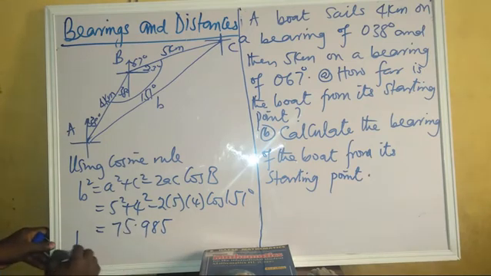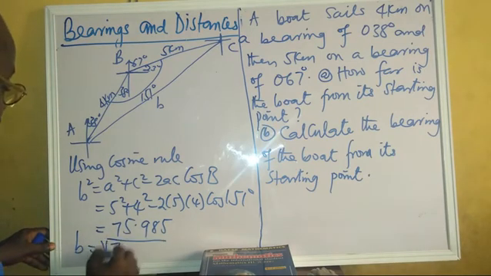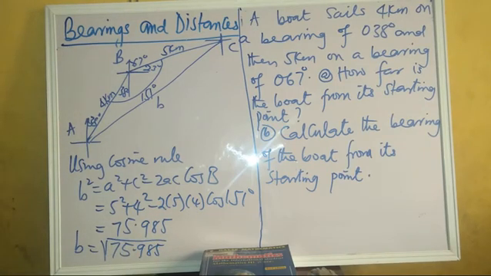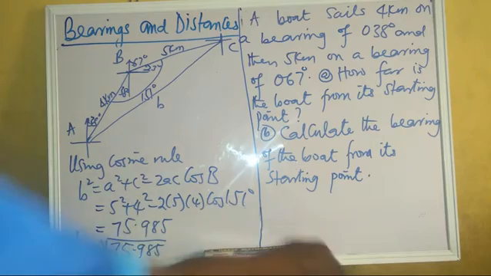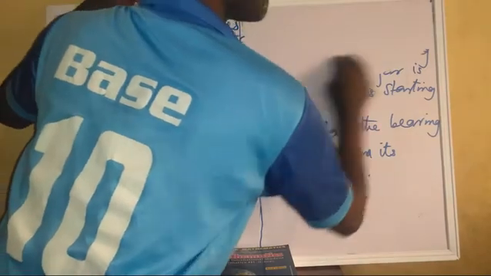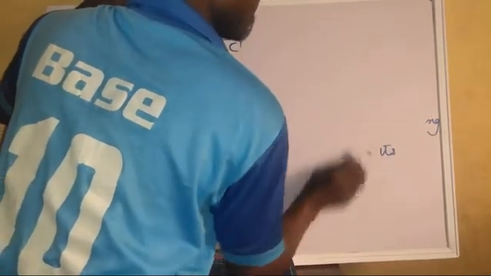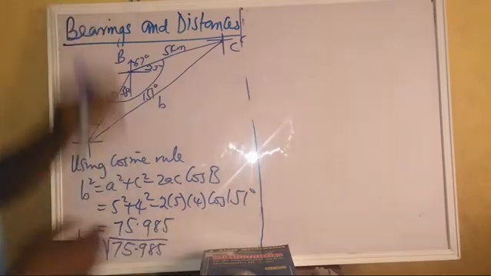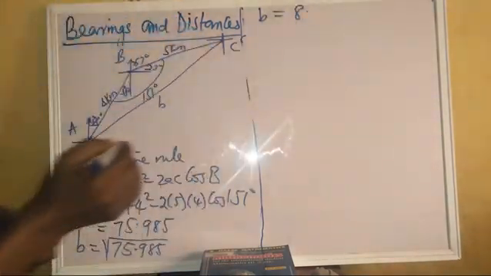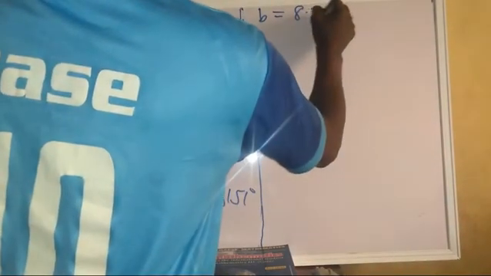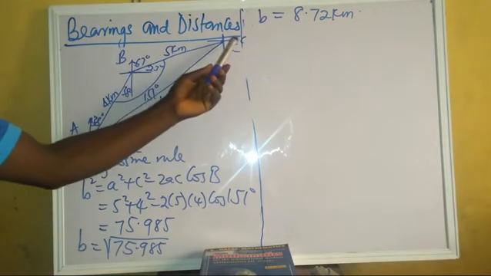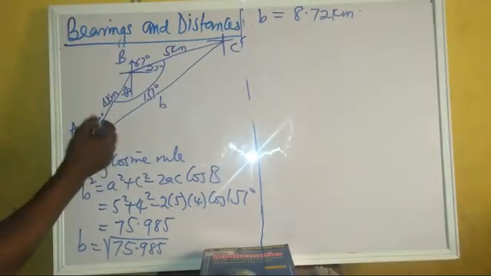So then b is now the square root of 75.985. So from there, b is now equal to 8.72 kilometers. So the boat is 8.72 kilometers from the starting point.